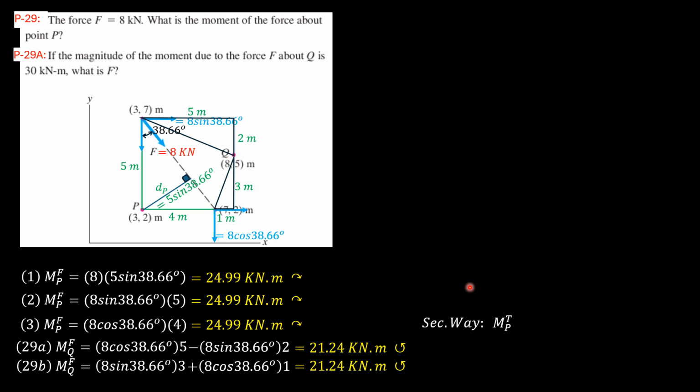So for the next problem, it is the second way of solving the second problem. I forgot to synchronize the solution. So let's have the problem first.